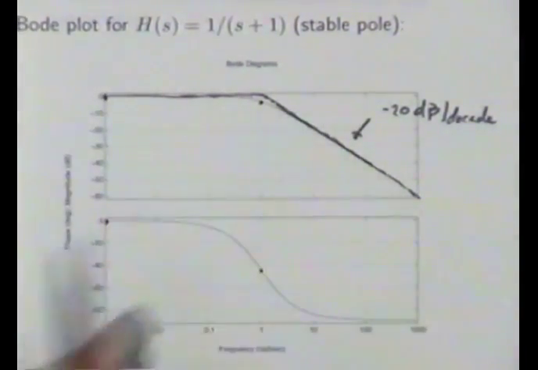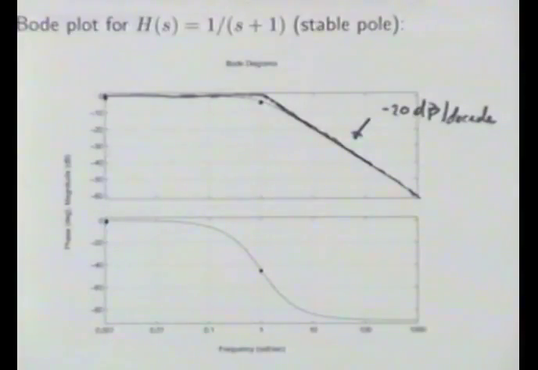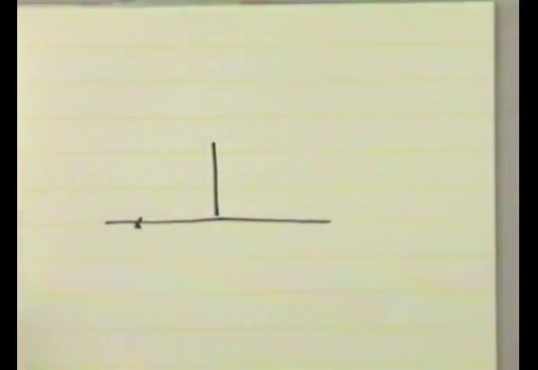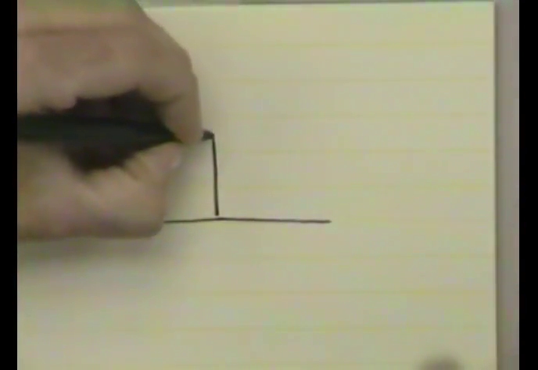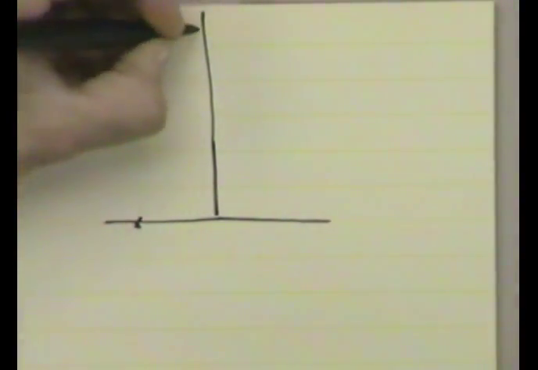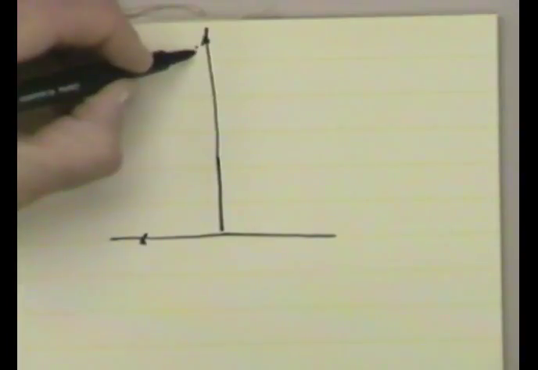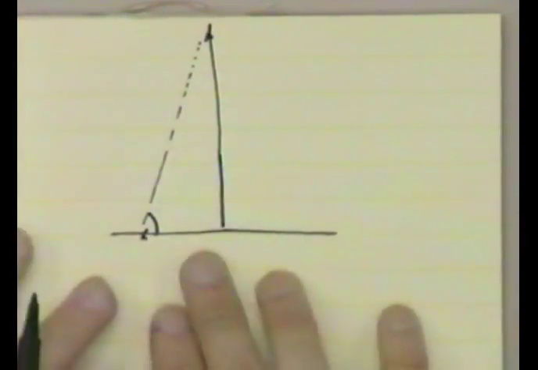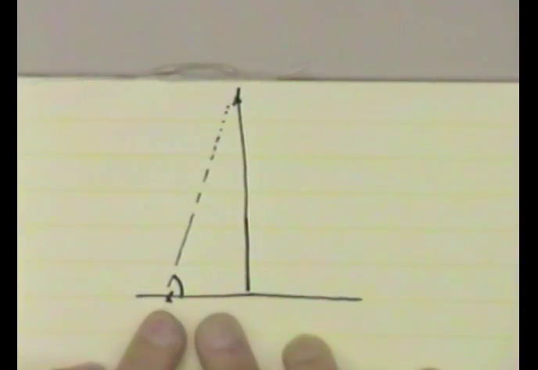All right. So I don't want to go into the details of the phase, but I do want to remind you that we know the phase for very, very large frequencies is going to be essentially minus 90 degrees, because when we're way up here, our angle here is essentially 90 degrees.